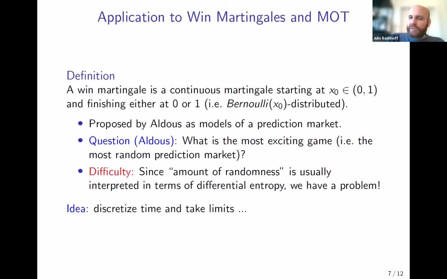Now, Aldous on his website also had some nice notes that suggest a possible road to answering the question. So in these notes, he suggests discretizing time and space. There we have a discrete time, discrete space martingale. We can define its entropy in the classical sense, try to maximize it, and then try to take a scale limit of that.